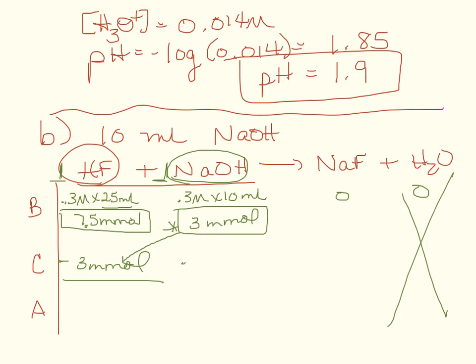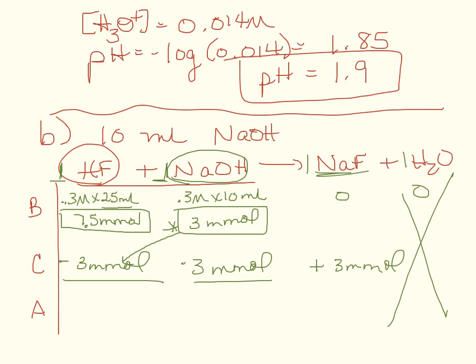The same amount is going to be subtracted or reacted from both. And of course, because our products are 1-to-1, we're going to be adding 3 millimoles of the conjugate base, or the salt, sodium fluoride.